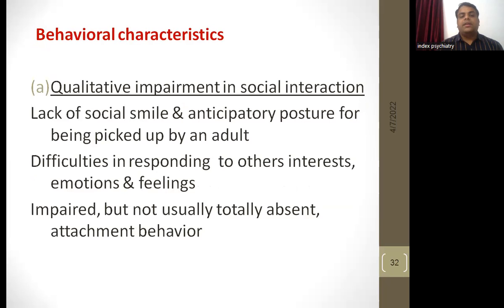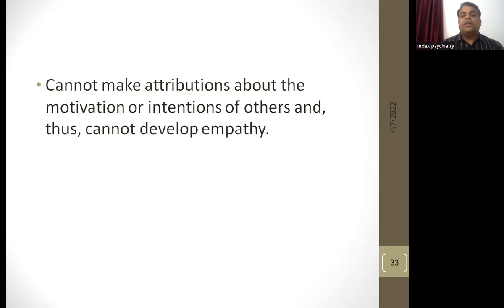Behavioral characteristic is qualitative impairment in social interaction, lack of social smile, anticipatory posture for being picked up by an adult, difficulties in responding to others' interest, emotion, or feeling, and impaired but not usually totally absent attachment behavior. Cannot make attribution about the motivation or intention of others and thus cannot develop empathy.